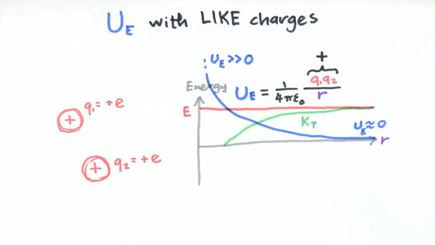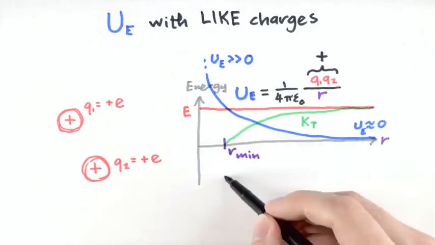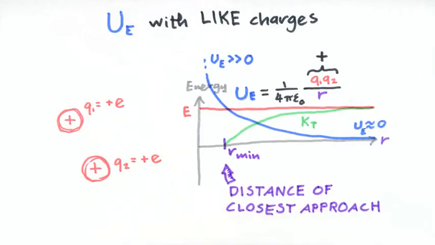This means if the particles are getting closer together, the electric potential must increase, and then the kinetic energy of the system must decrease. For any finite total energy, this means there will be a distance of closest approach where all the energy, E, is potential. And at that point, at that closest approach, the kinetic energy of the system is 0. The charges are not moving at this distance and so can't move any closer together.